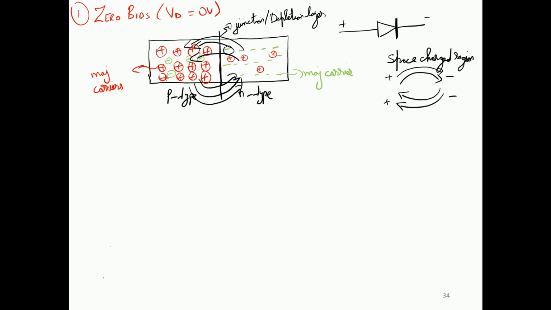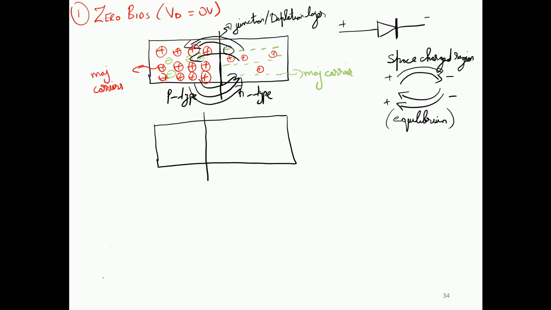This keeps on happening, and the process stops, or reaches a state of equilibrium, when no combination can happen. When this happens, our junction is now transformed into something known as the depletion layer. So this is now our depletion layer that has been created between the p-type and the n-type material.